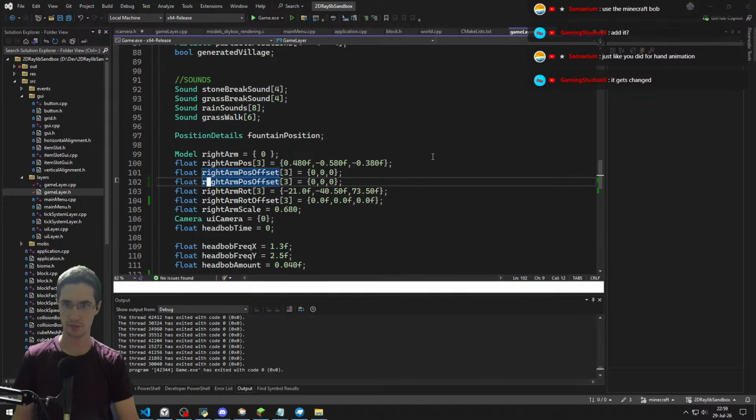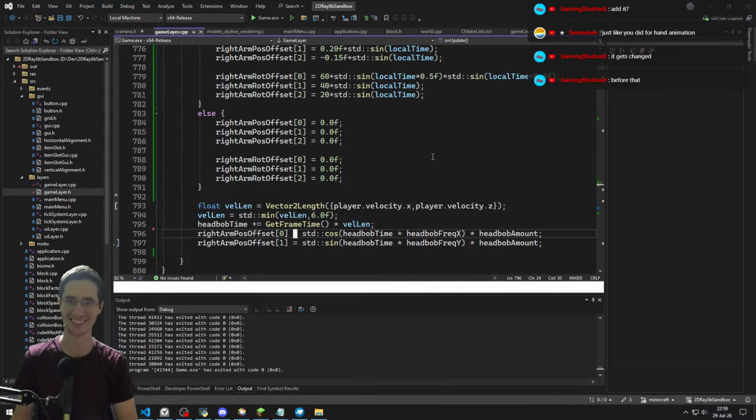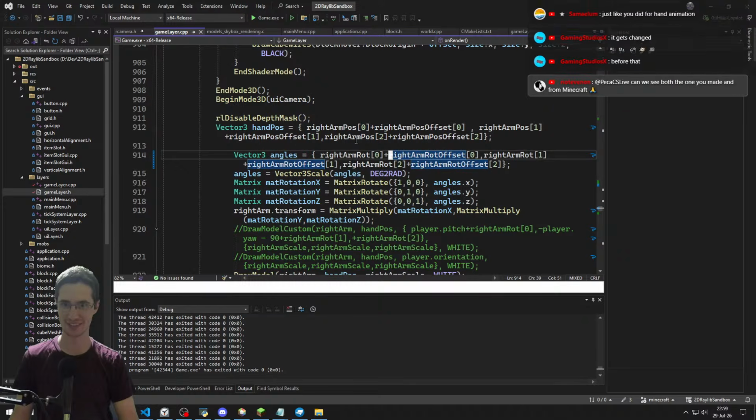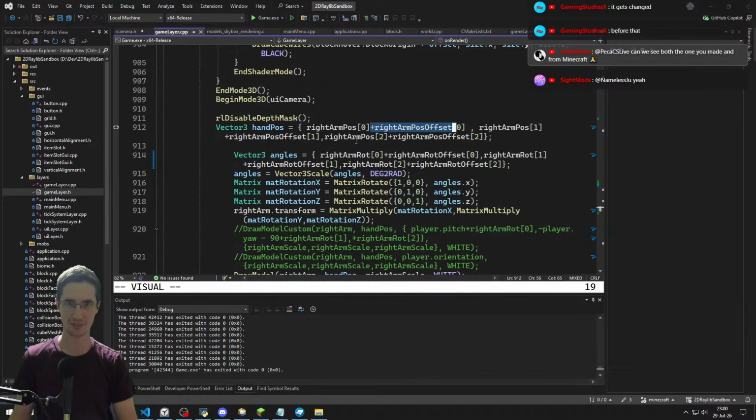Right arm bob position offset. Like this. This is right arm bob position offset.